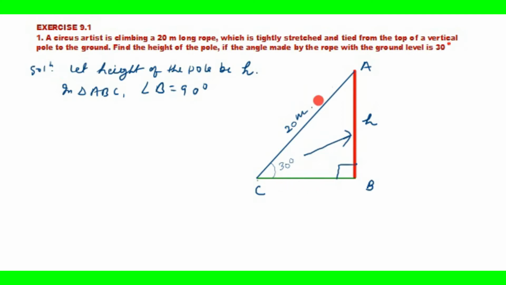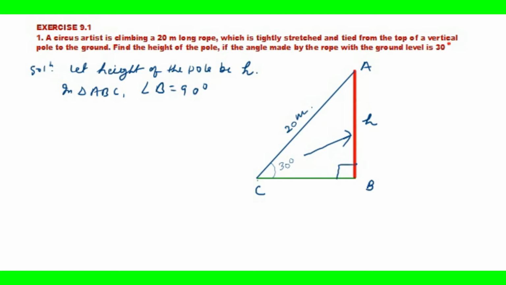Now you have to understand what you need to find. You need to find this length, and this length is given. What is the relation between these two sides? For this triangle, this is perpendicular and this is hypotenuse. P and H are related by the ratio sine, and the angle is 30 degree. So we will use the concept of sine 30 degree here.